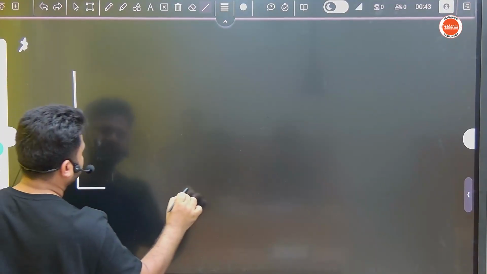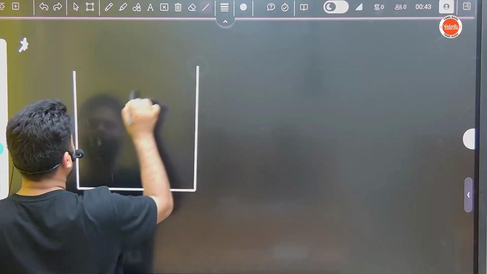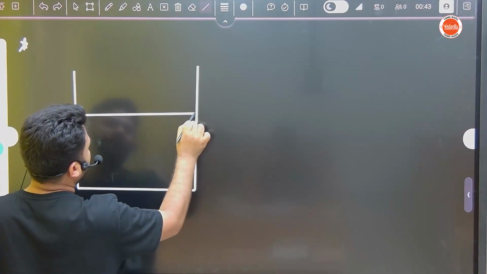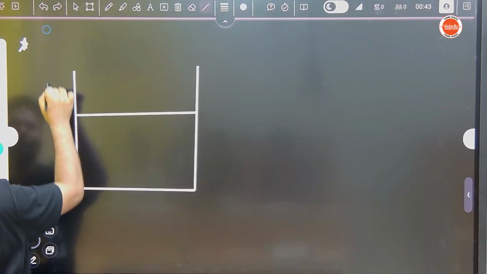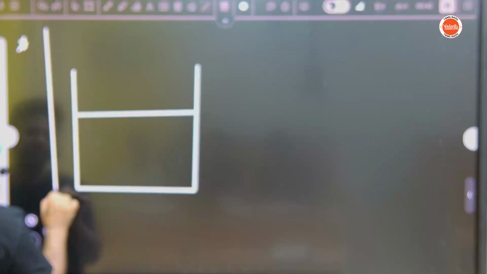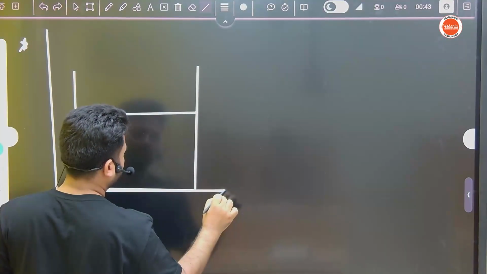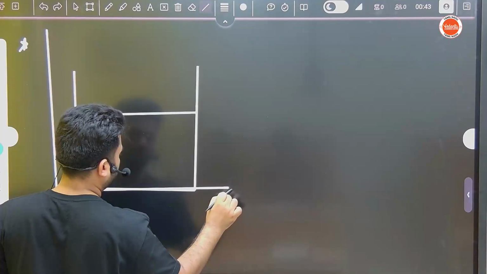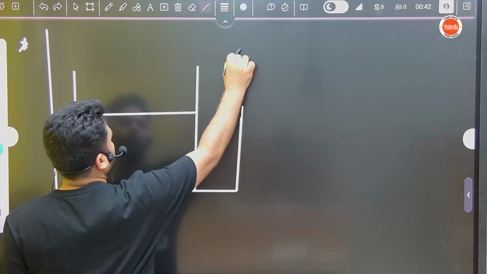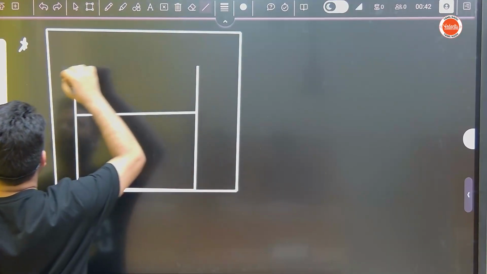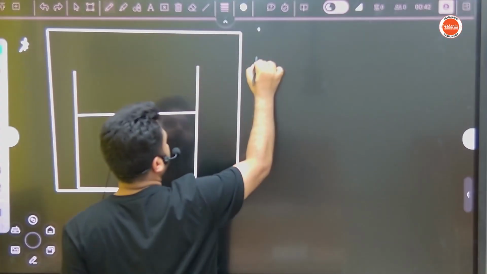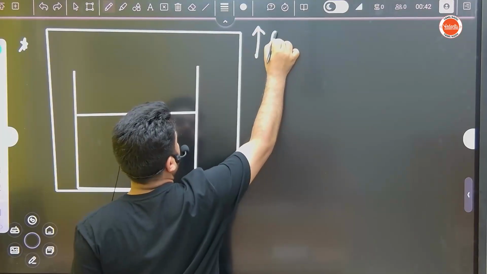Acha, one more type of question they ask. That this is a fluid and the fluid is kept in a lift. This container is kept in a lift, and the lift is going up with A acceleration.